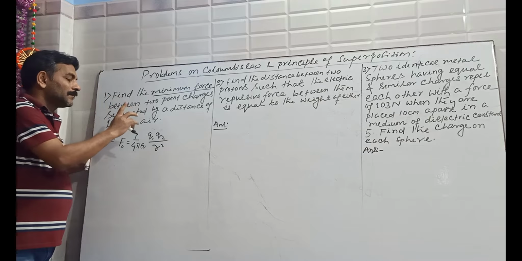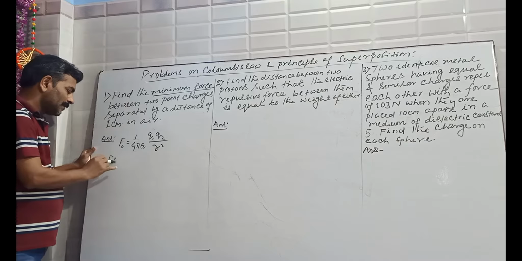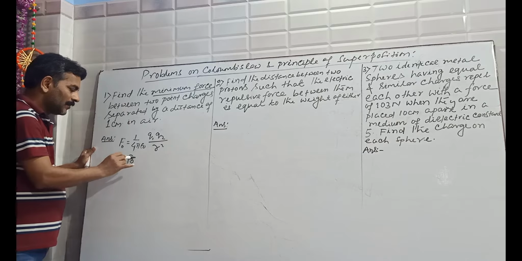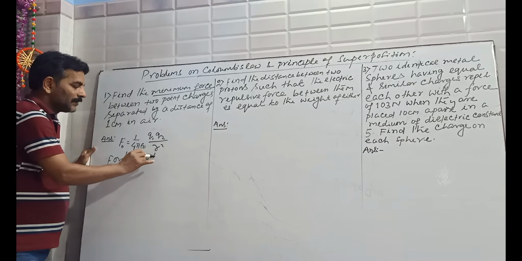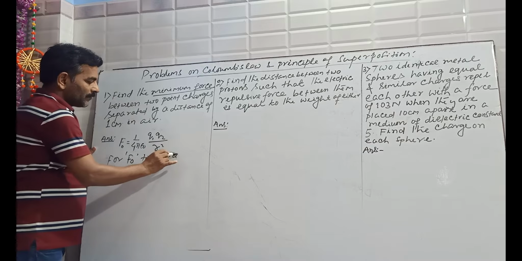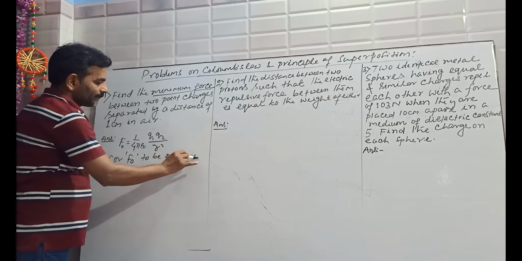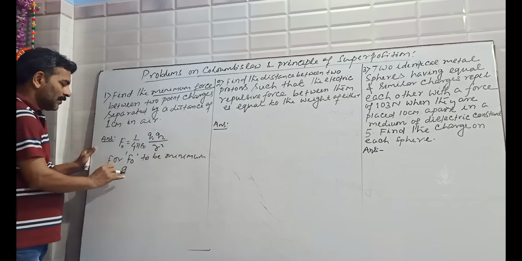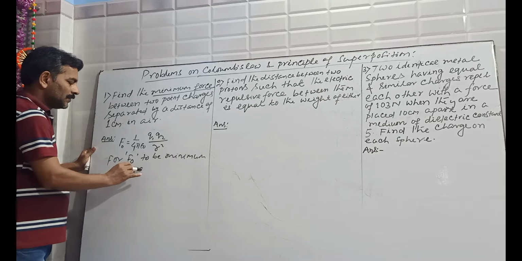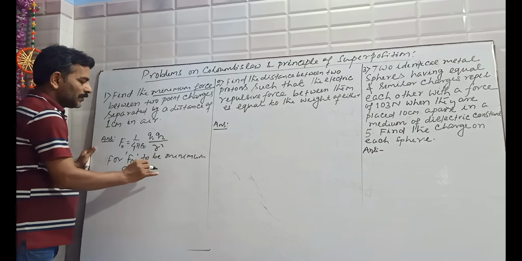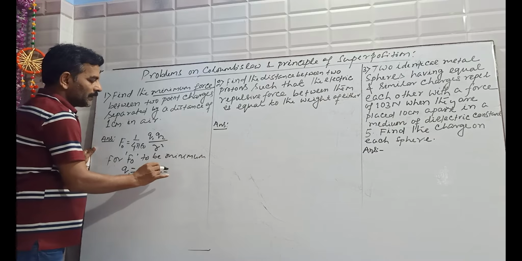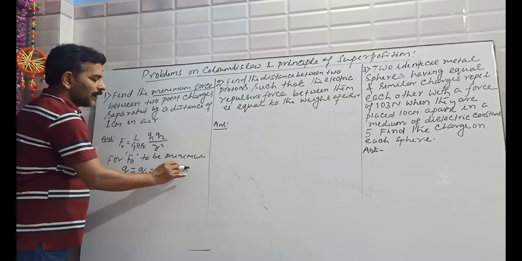So you write, for F naught to be minimum, Q1 equal to Q2 equal to E, that is charge of an electron.